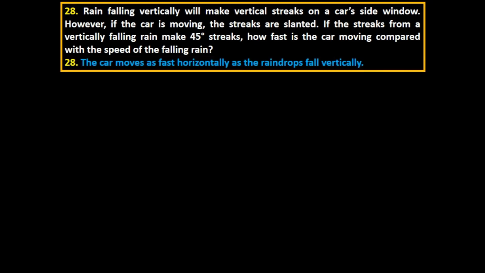The car moves as fast horizontally as the raindrops fall vertically. Interesting concept, because the rain's falling vertically, the car is going horizontally, so those are the legs, and when the legs are equal, then you have 45 degrees. So 45-degree streaks, the car moves as fast horizontally as the raindrops fall vertically.